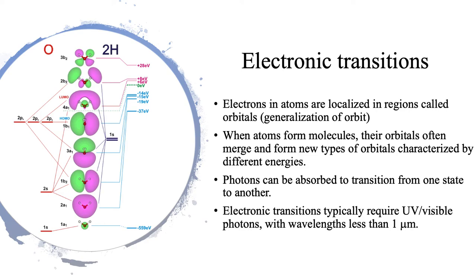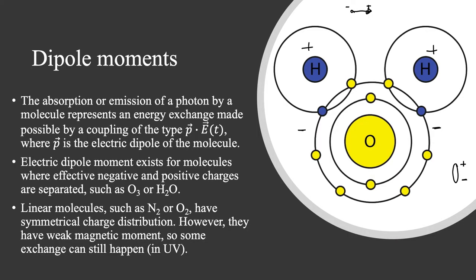The reason is that before I showed you a picture with two hydrogen atoms and one oxygen atom, where you could see very definite orbits. Hydrogen has a circular orbit, and oxygen has very circular orbits.